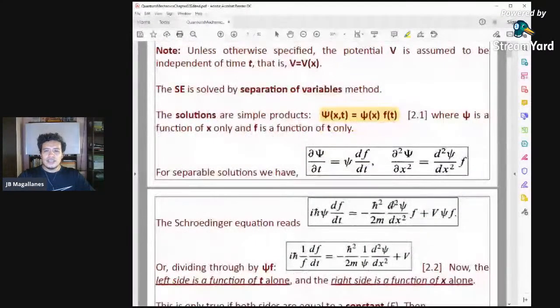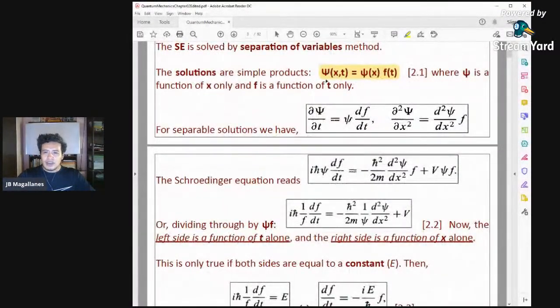Then we can get the derivative with respect to time of psi as this one. This is just with respect to time. We cannot take the derivative of phi with respect to time because it is just a function of x, or a function of space. So our derivative will look like this.